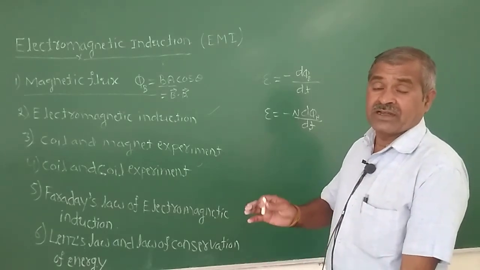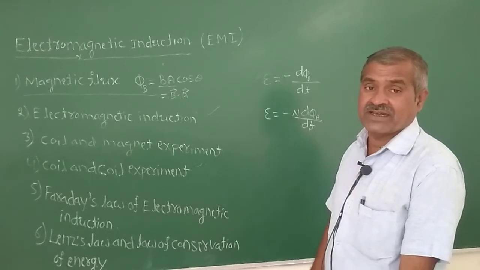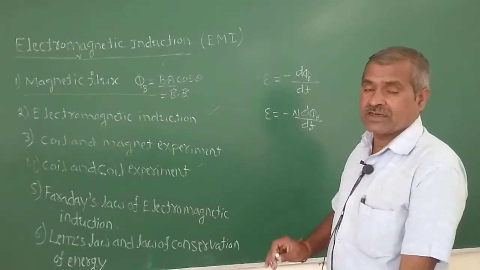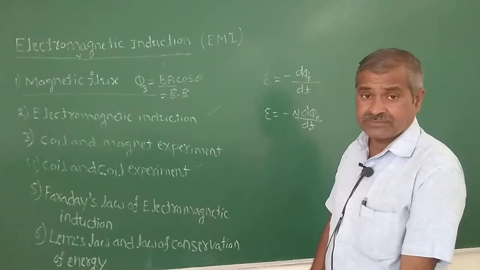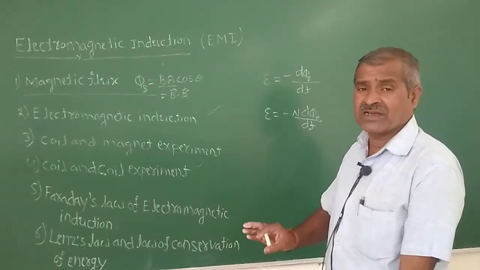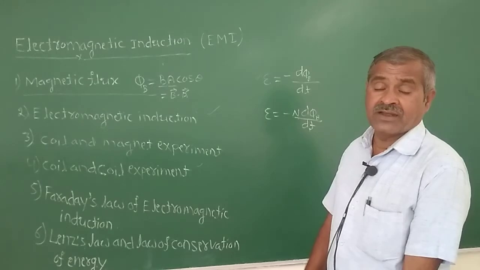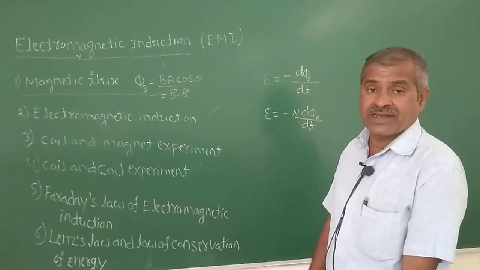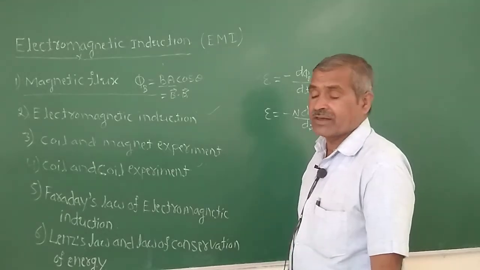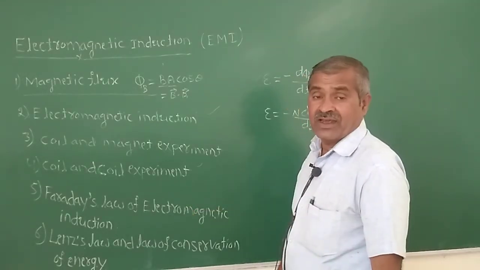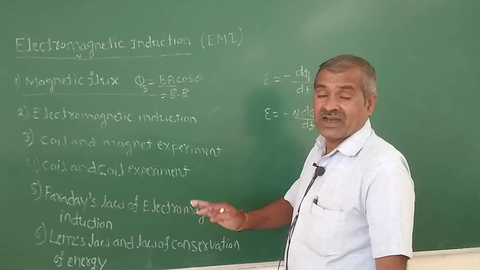Suppose the poles of the magnet are reversed, and the pole is suddenly brought nearer to the coil. Then the magnetic flux linked to the coil changes, and in that case also an EMF is induced across the coil and the induced current is set up.